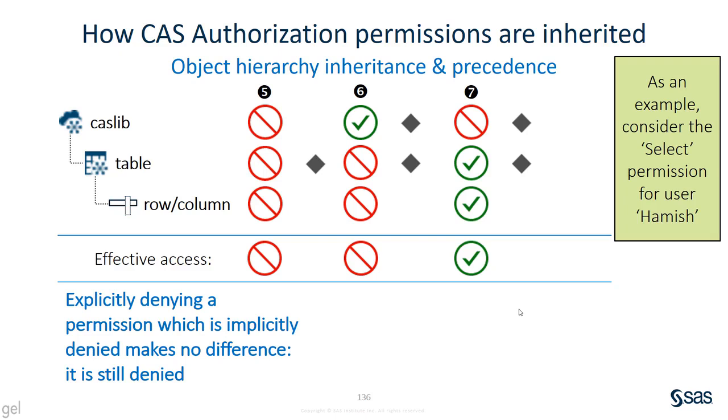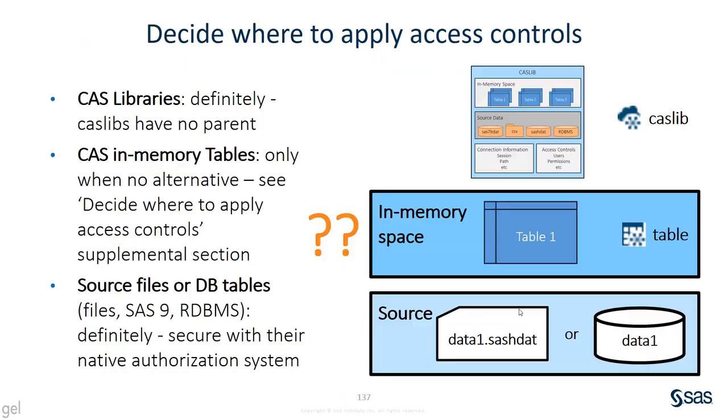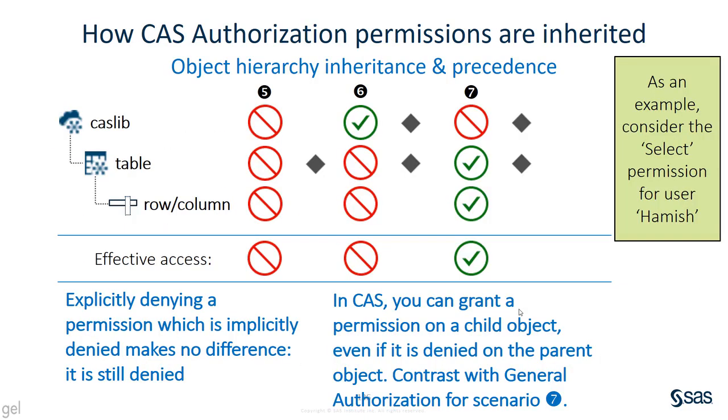CAS authorization is a little bit more like 9.4 was. You can override an explicit deny by doing an explicit grant. So if you grant permission in a child object, even if it's denied in the parent, that's a contrast with the general authorization system.